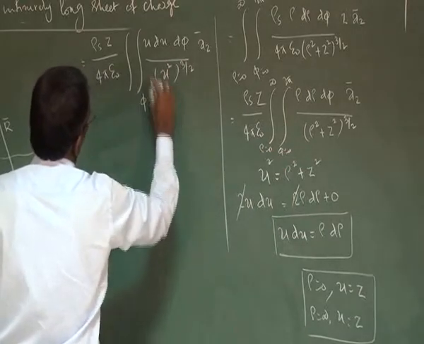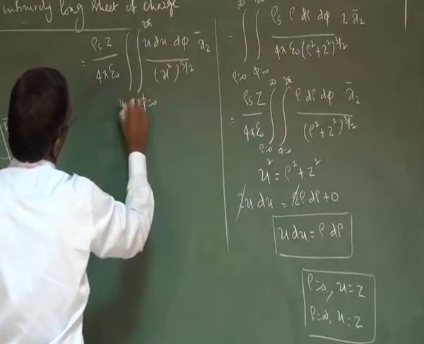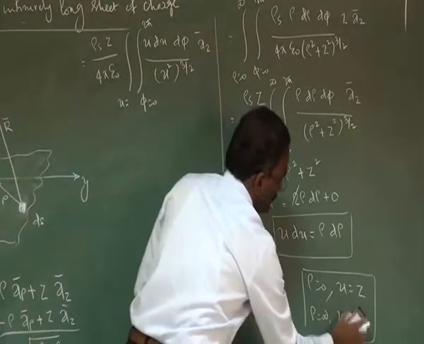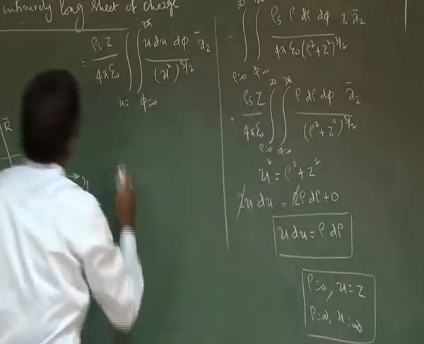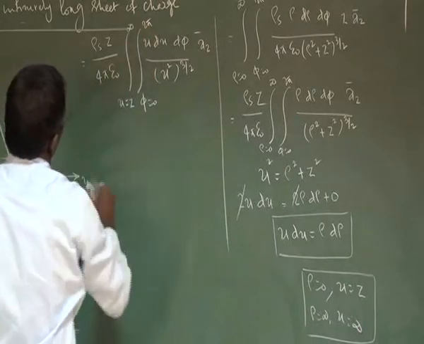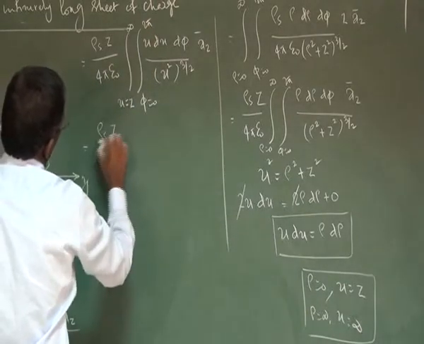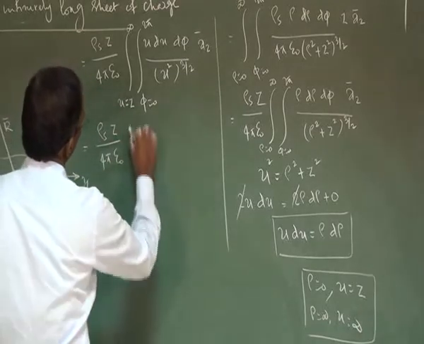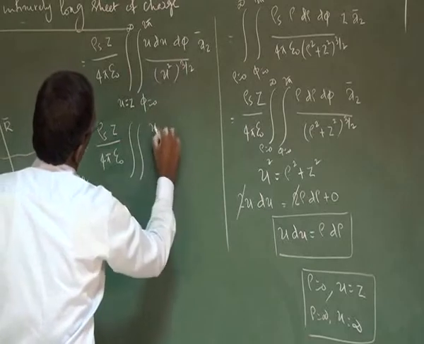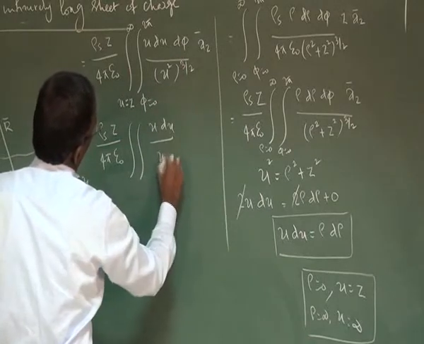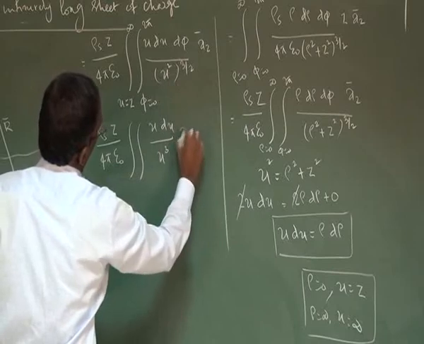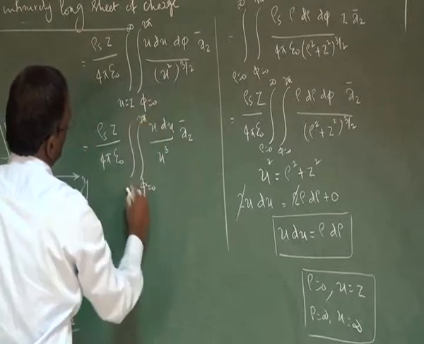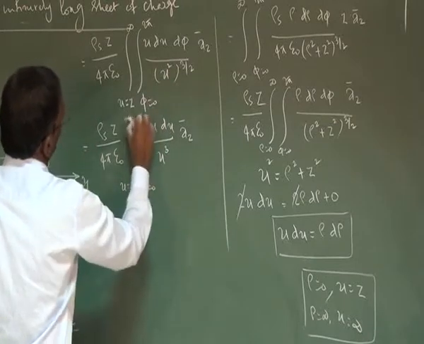The limits are phi is equal to 0 to 2 pi. Now for u is equal to z to infinity. So rho s z divided by 4 pi epsilon o, u du, this will become u cube, u squared power 3 by 2, a z bar, phi is equal to 0 to 2 pi, u is equal to z to infinity.